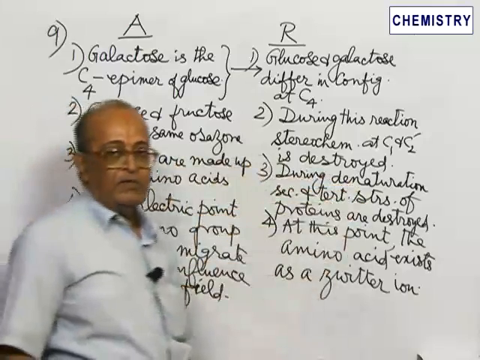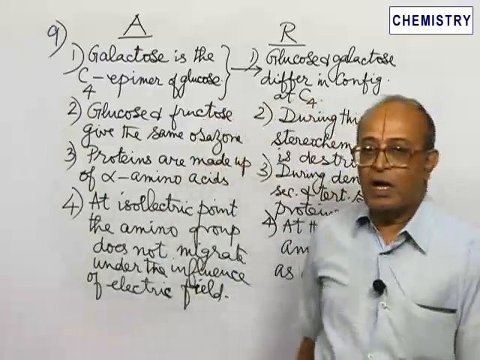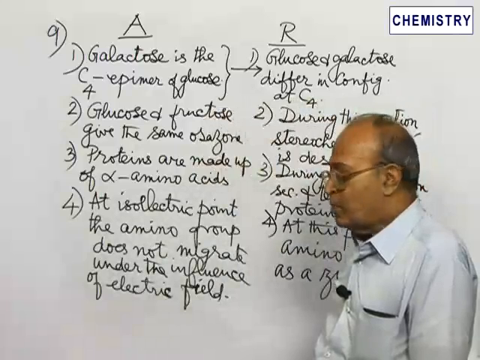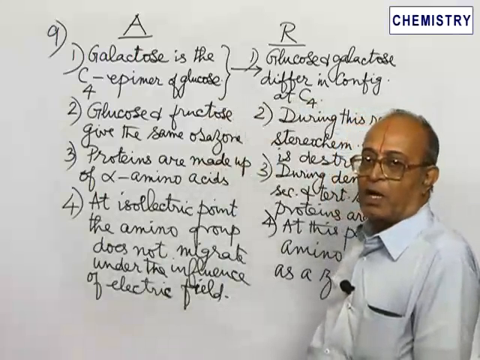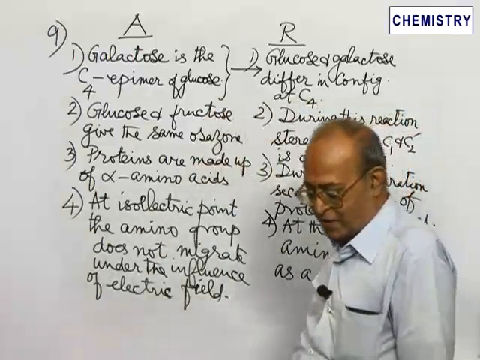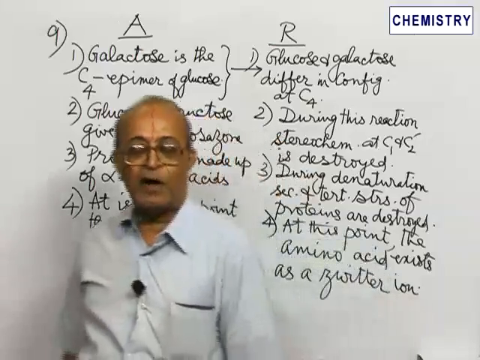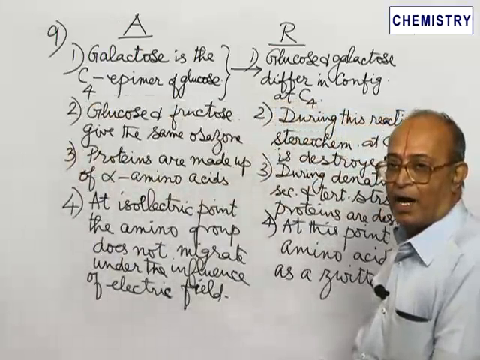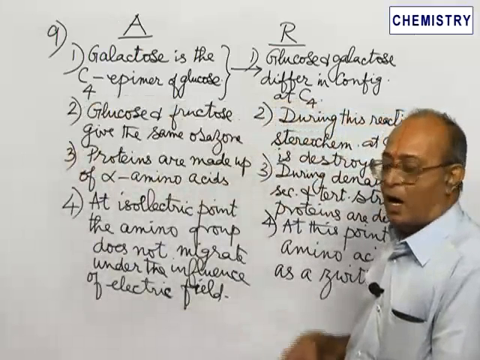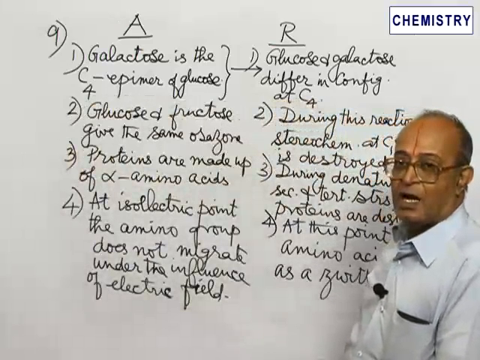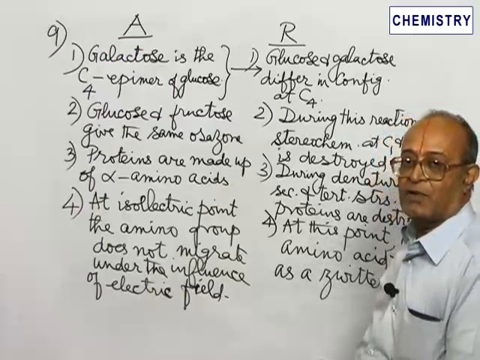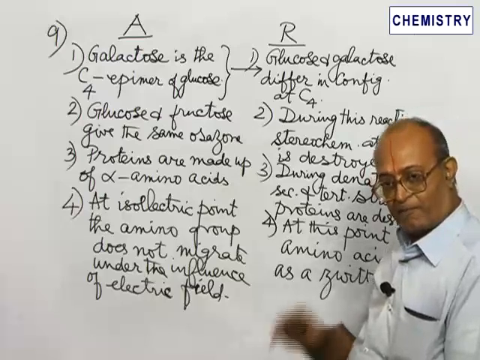4. This question deals with amino acid chemistry. Probably you remember amino acids exist in the form of what are called dipolar ions or Zwitter ions or inner salt. All these 3 mean the same.